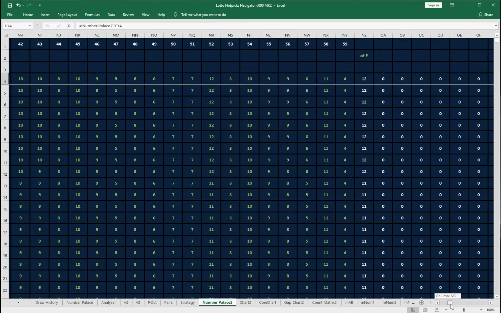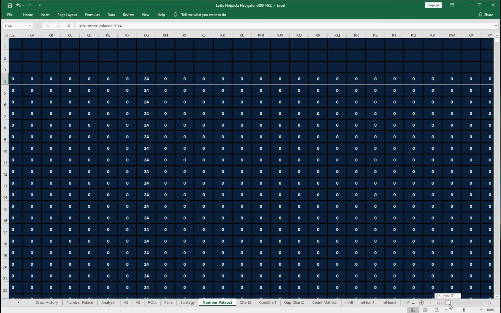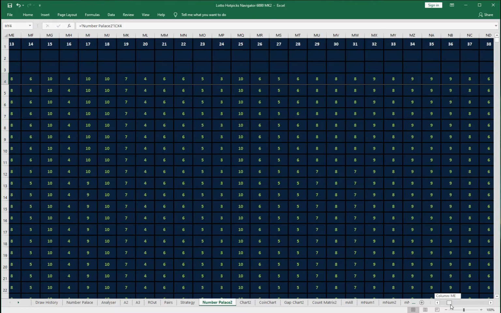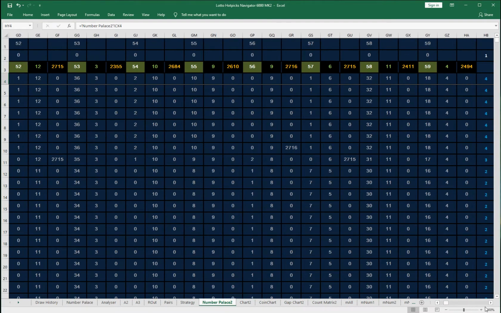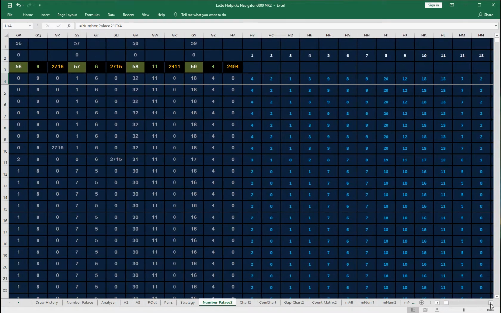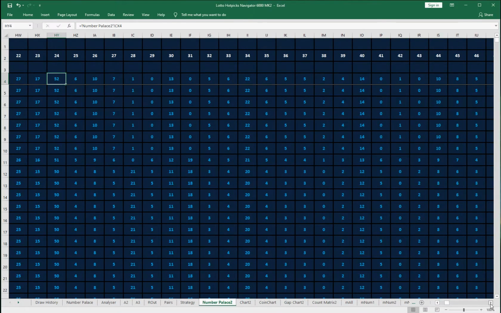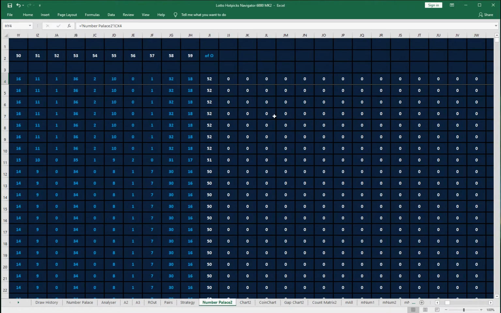And then what we do is we define which number it is that's most overdue, and we measure how overdue it is. So we've got the height of the chart basically.